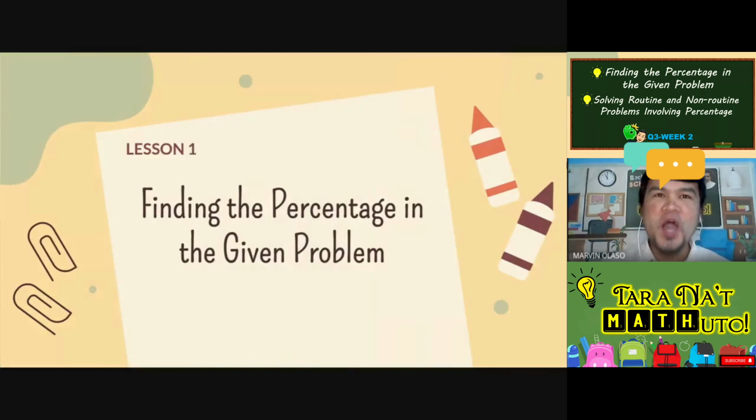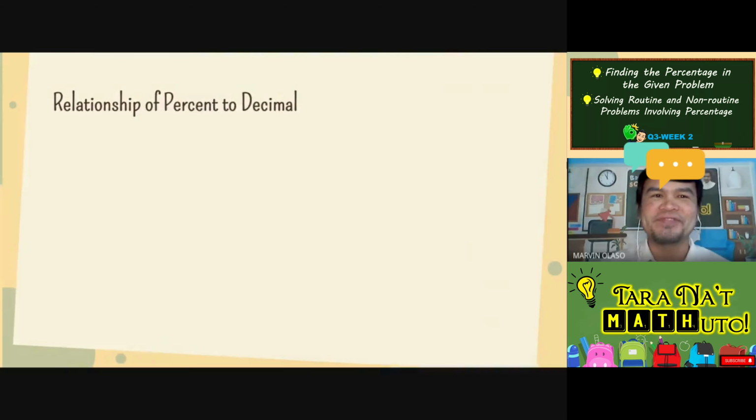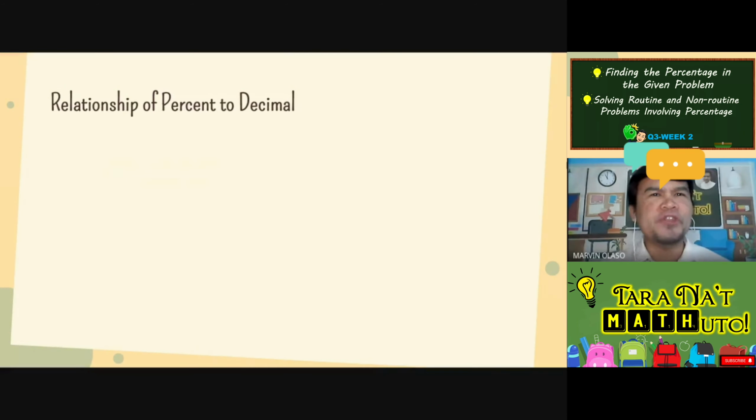Let's start now our first lesson on finding the percentage in the given problem. Now, before that, let's go back to the relationship of percent to decimal. Naalala niyo pa ba kung anong kinalaman ni percent kay decimal?